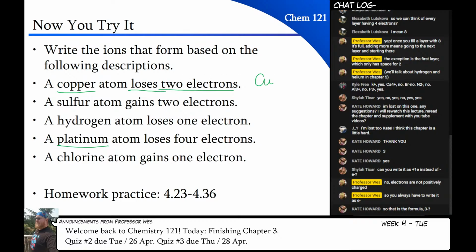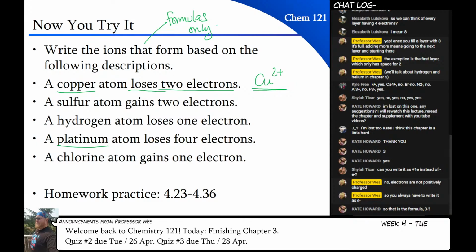So if I lose 2 electrons, that would be this. So this is what I want you to write for these. Only write the formula. Don't draw the Lewis symbol for anything that is a transition metal, copper or platinum here in this case. So we'll go over the answers to those next time.